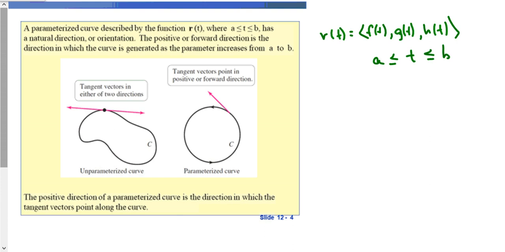So now if they give you an interval, you're defining an orientation for this curve. You're going to give it a starting point and an ending point by those parameter values. So r of a is the beginning of the curve, and r of b would be the ending point of the curve.